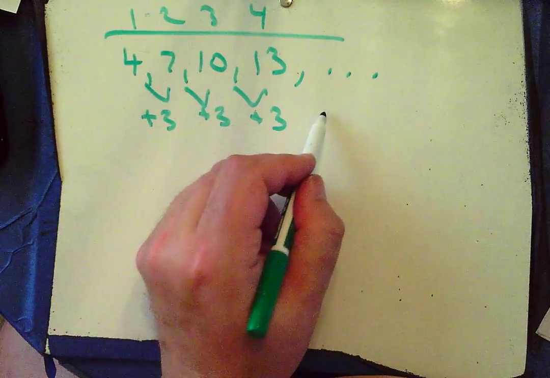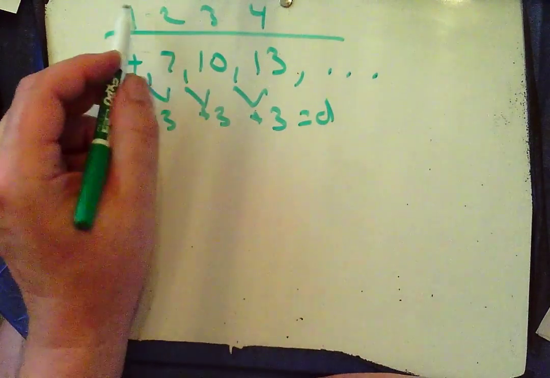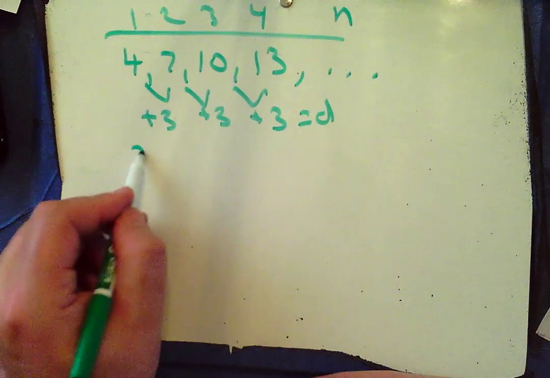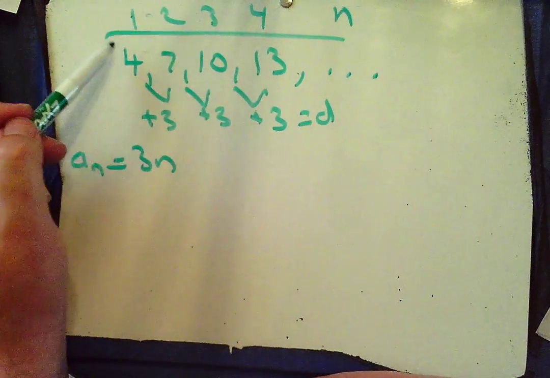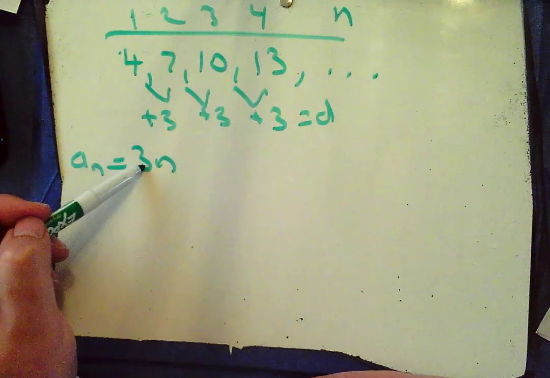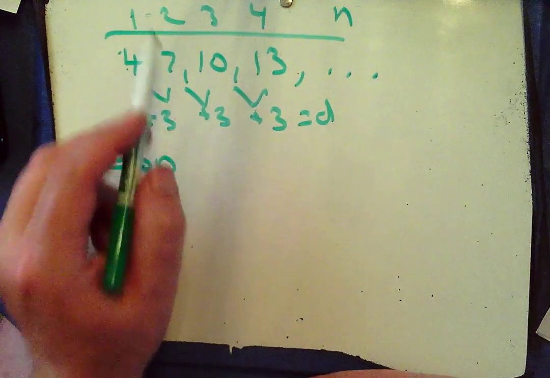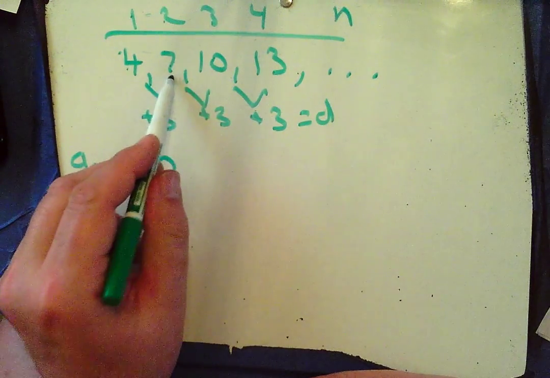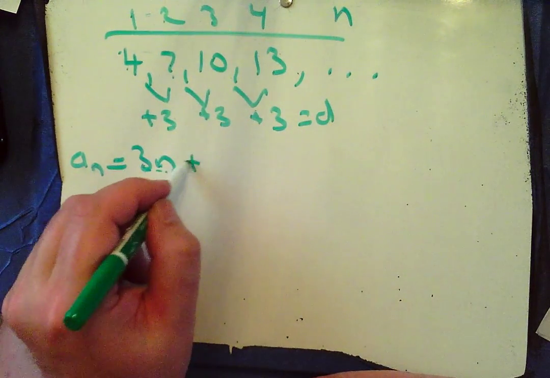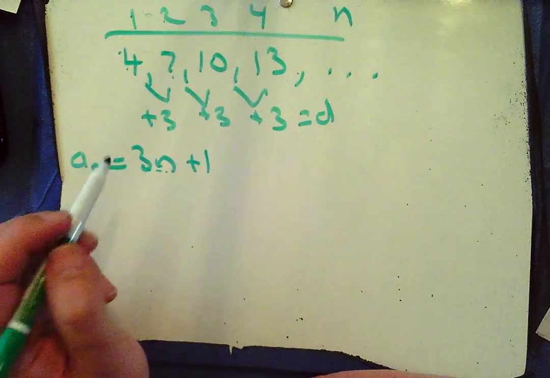So I'm going to take that common difference of 3 and multiply it by n, 3n, a sub n. And if I plug in a 1, I should get 4, but 3 times 1 is 3, not 4. And if I plug in a 2, I should get 7. 3 times 2 is 6, not 7. So I think I need to add 1 to make this work.